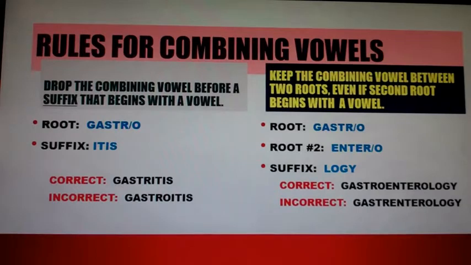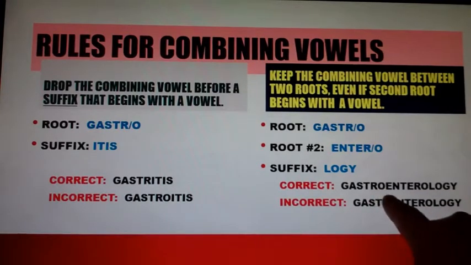Keep the combining vowel between 2 roots even if the second root begins with a vowel. Root, gastro. Root number 2 is entero. Suffix, logy. I don't know how you would exactly pronounce it. Gastroenterology.